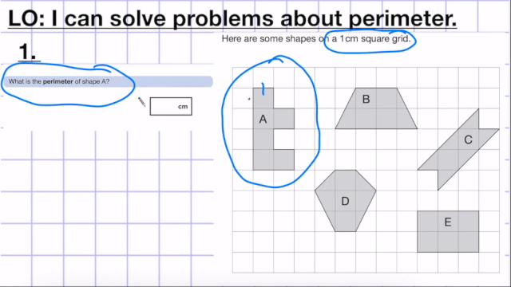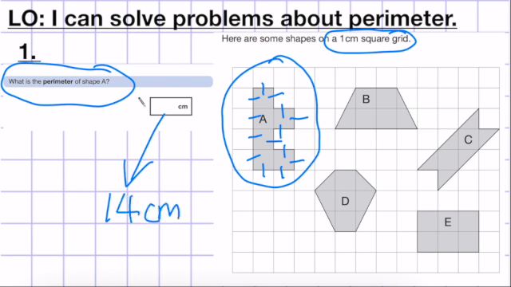So 1, 2, 3, 4, 5, 6, 7, 8, 9, 10, 11, 12, 13, 14. So there are 14 sides, and we know that each side on this grid is 1 centimeter. So the answer would be, and I'll write this big, 14 centimeters.